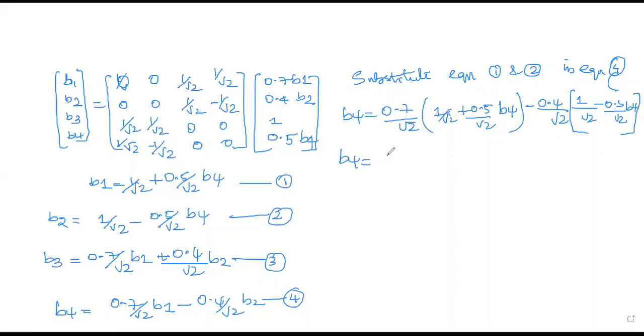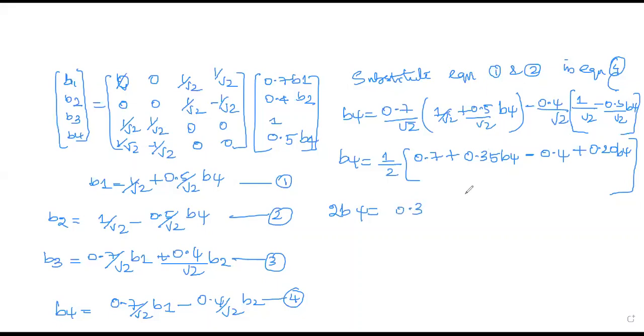So B4 is equal to, this is 1 by 2, multiply 0.7, 0.7 into 0.35, I guess, minus 0.4 plus 0.20 B4. So 2B4 is equal to 0.7 minus 0.4, which is 0.3, plus 0.35 plus 0.2. This is 0.55 B4.